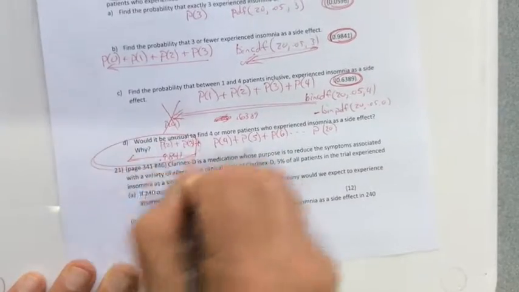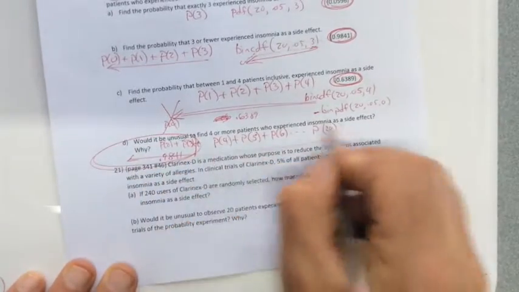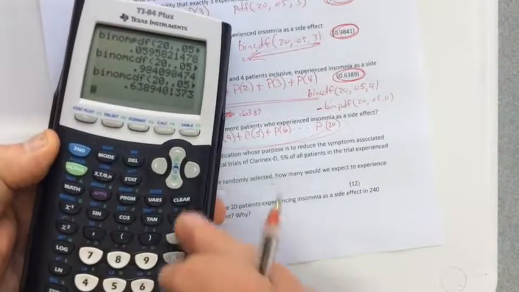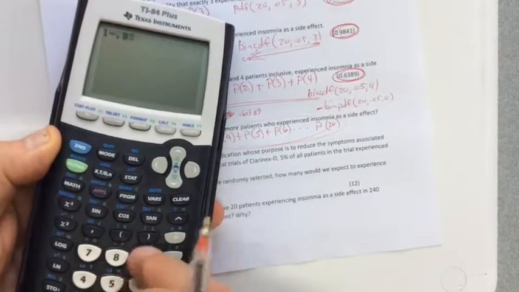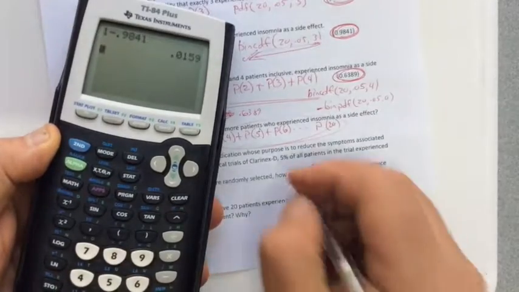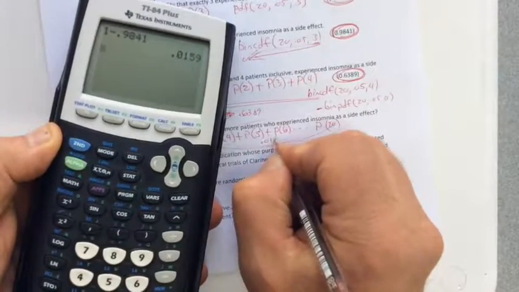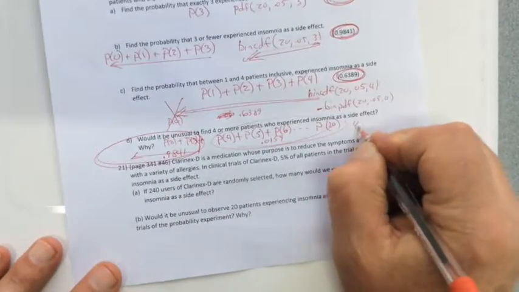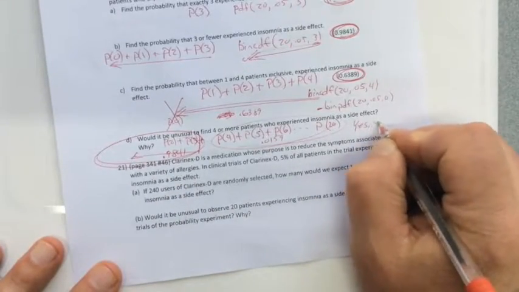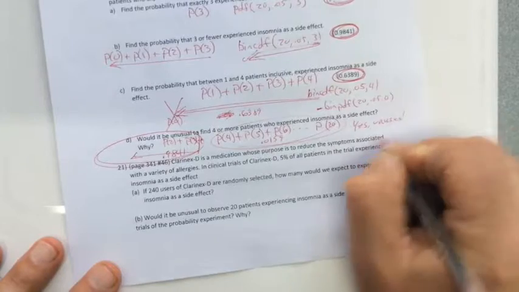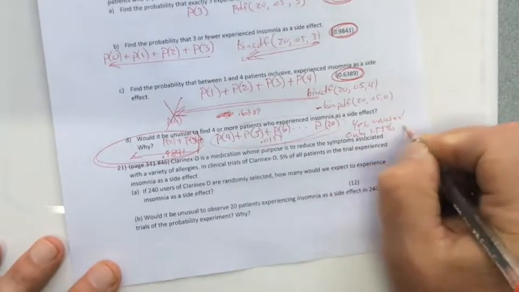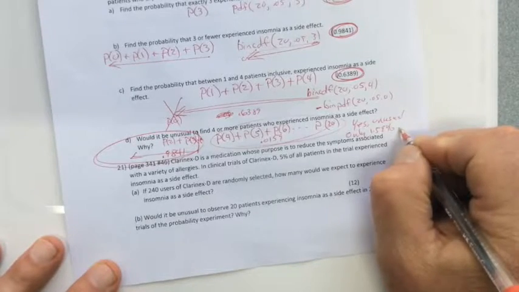See, all of these were .9841. So these are whatever's left. So 1 minus .9841 is up here. Okay, so would it be unusual? Yes, unusual. Because only 1.59% of the time it would happen.